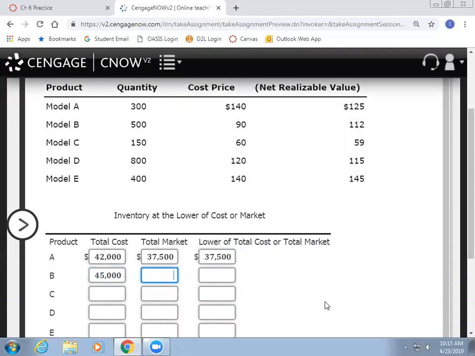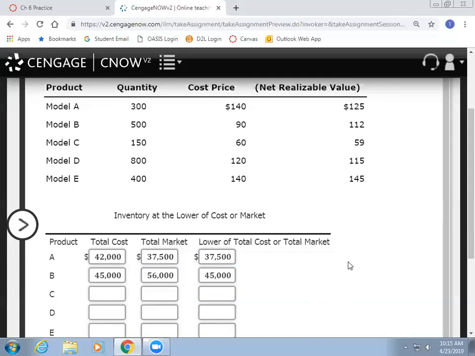And then 500 times the market value of 112 would be 56,000. Okay, so for model B, our cost is lower, so that's the cost we would choose, the 45,000. And that's what we would report on our balance sheet for that model for inventory. That's the whole point of this, to value our inventory. This is what we'll report on our balance sheet.